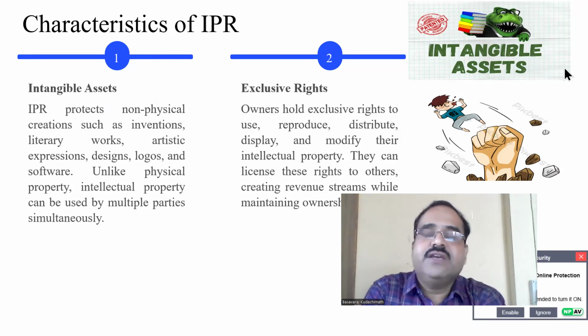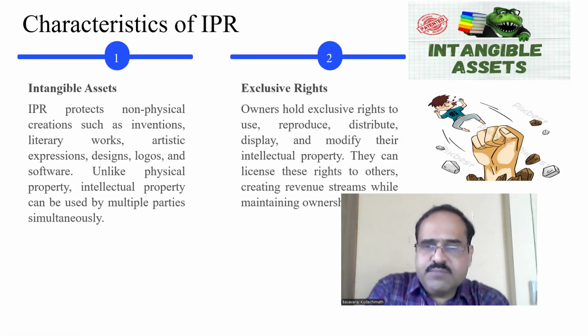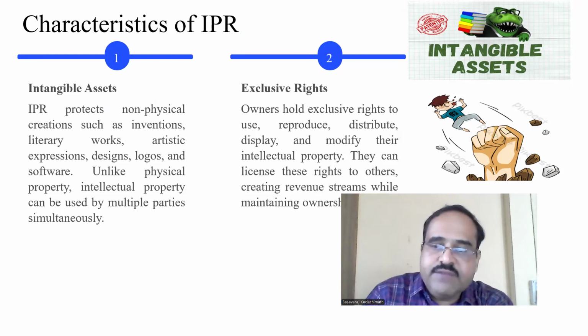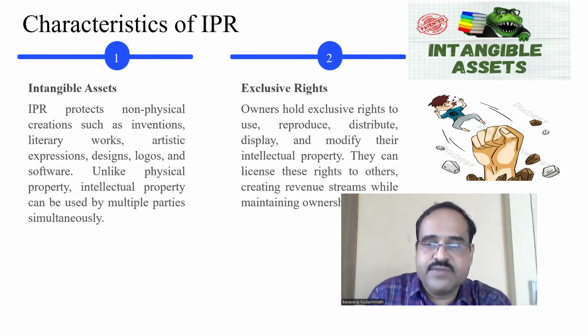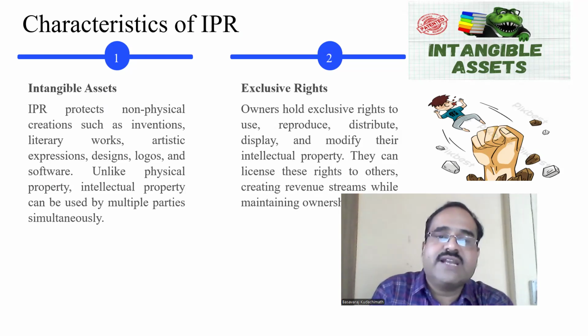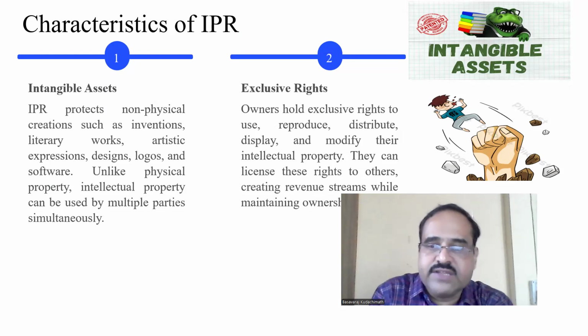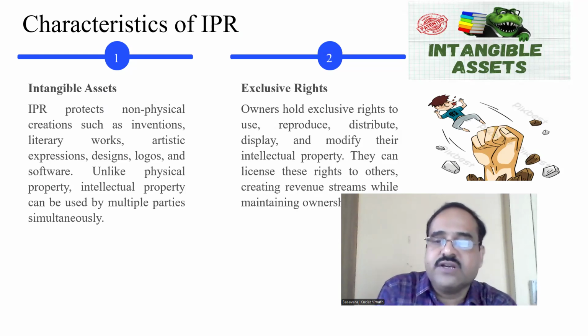For example, if Dell Computer wanted to sell its new concept of modifications in the computers to any other company, if it wishes, it can sell it. So when it sells, it loses the rights of that intellectual property. A third party can use it. Sometimes they can restrict the sale only to one party and restrict the sale to a third party.